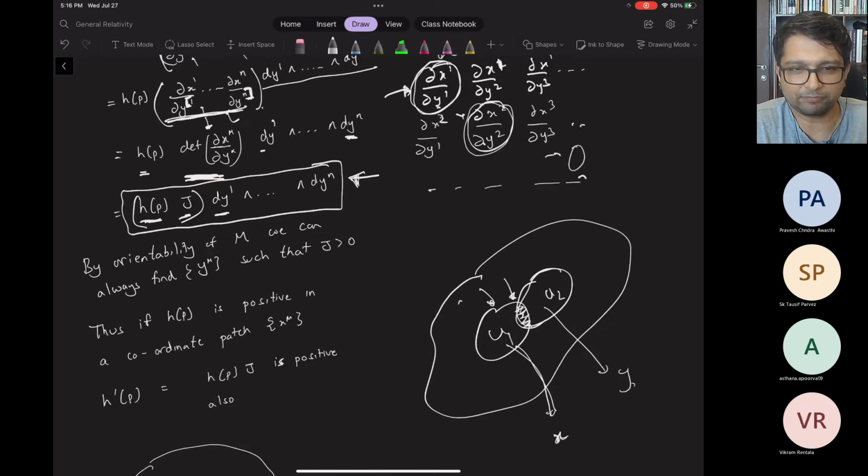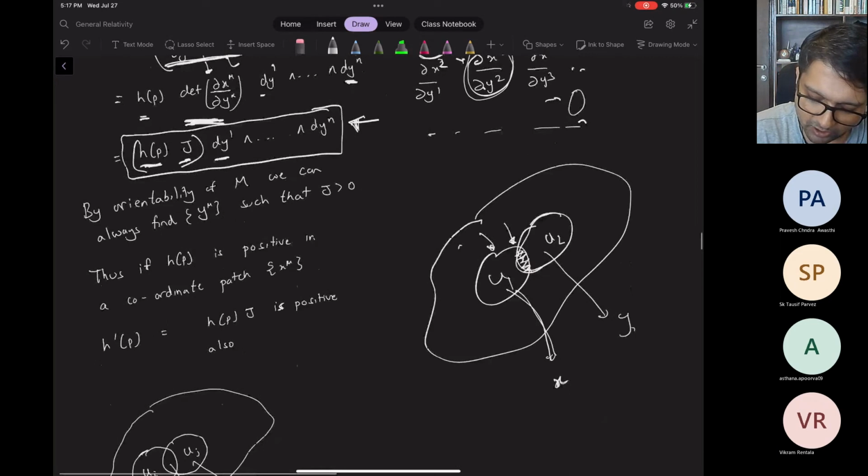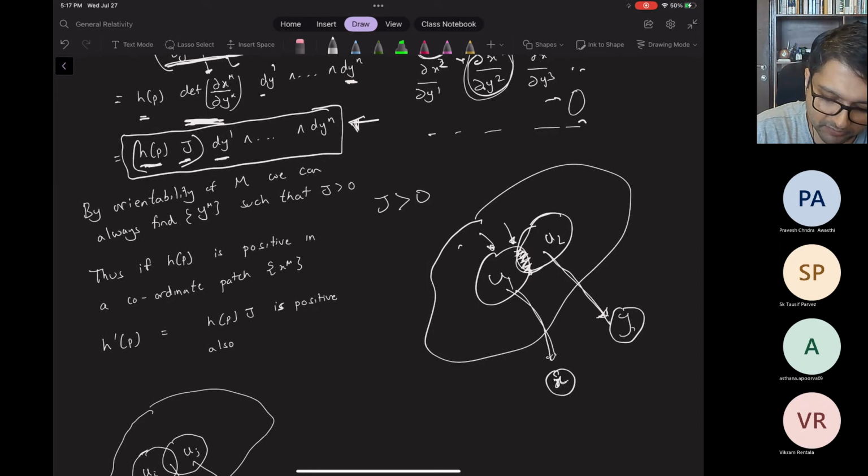Now, if M is orientable, by definition what we mean is that given a coordinate system x, we can always find a coordinate system y on this other patch u2, such that in the overlap region, the Jacobian is positive.